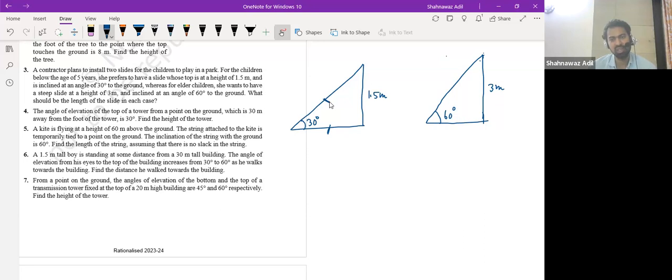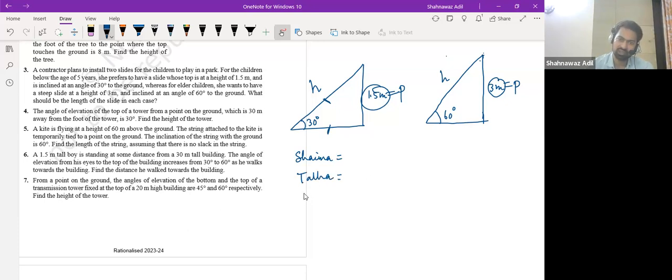What is the length of the slide? Hypotenuse. So in both the cases, perpendicular is given and we have to find out the hypotenuse, right? So all three of you guys, please calculate and tell me what would be the length of this slide.